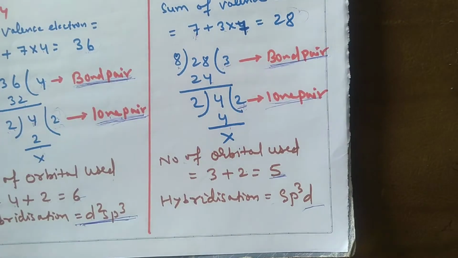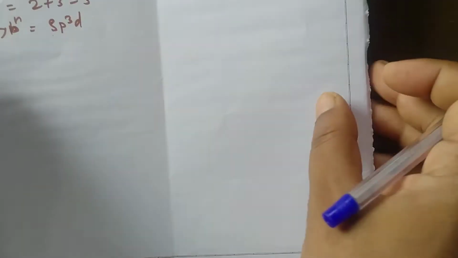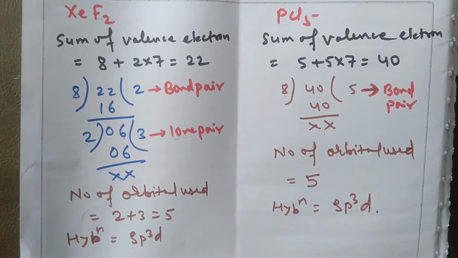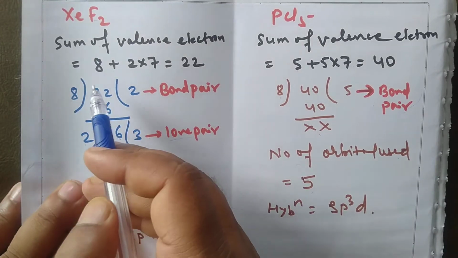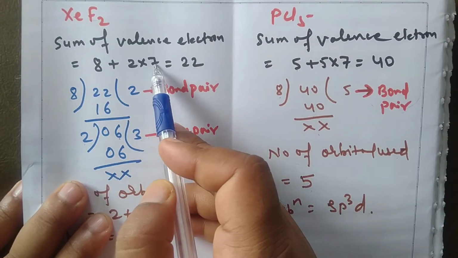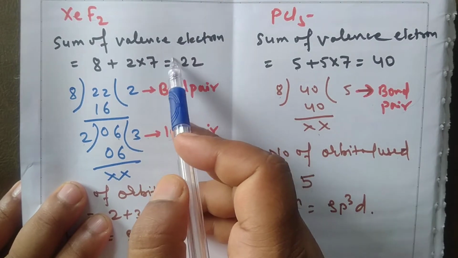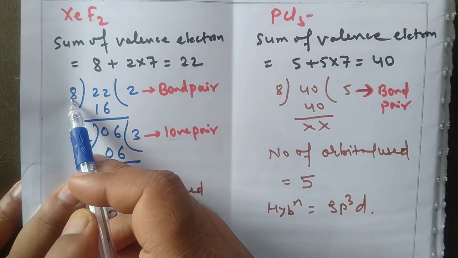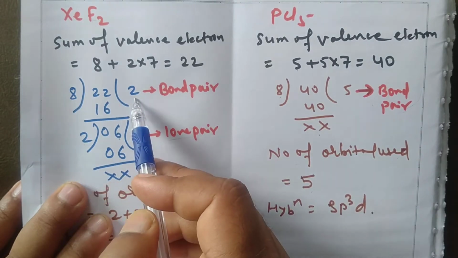Now take another example. You have xenon difluoride. Here you will see that the valence electron of xenon is 8 and there are 2 fluorines, 2 into 7, so the value is 22. Just divide 22 by 8. 8 twos are 16.